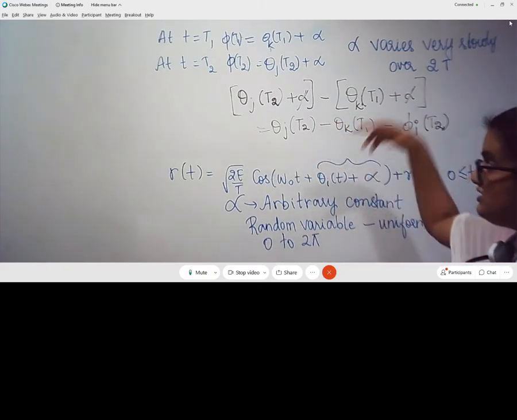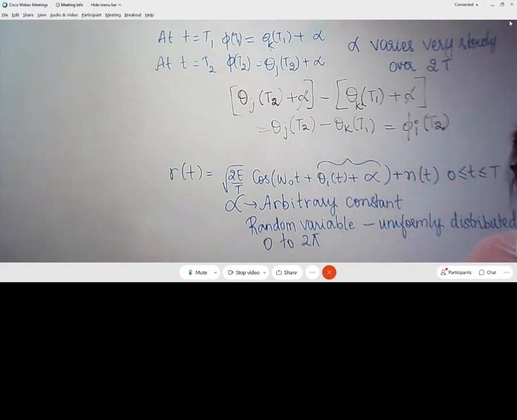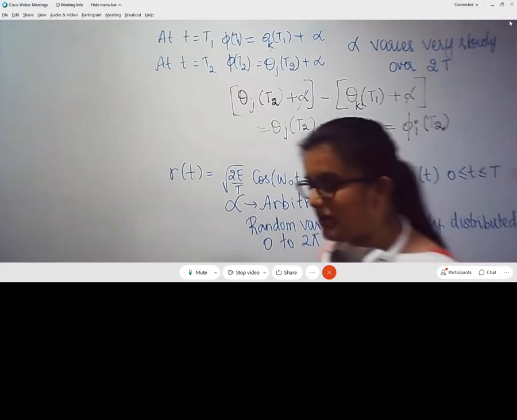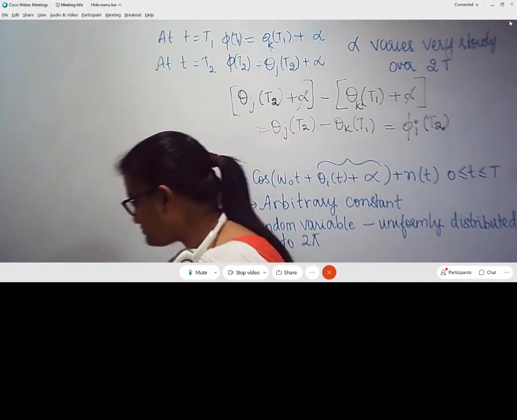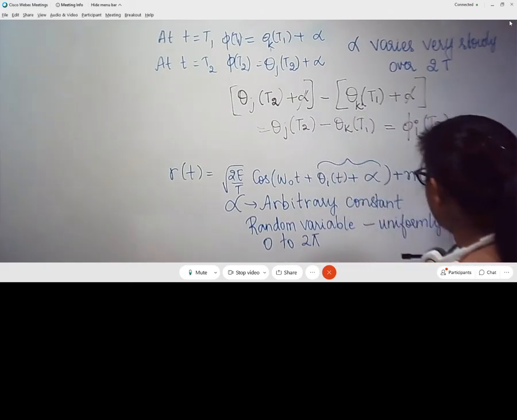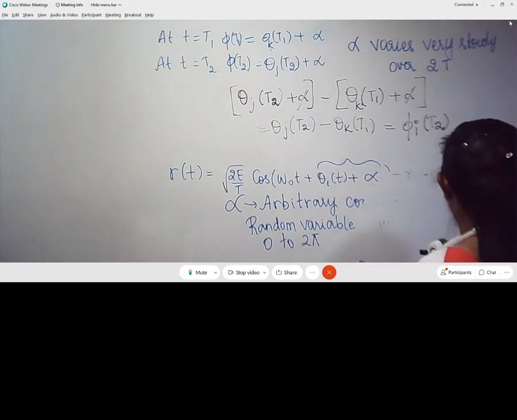That's the reason for the name of this particular modulation scheme: differential phase shift keying. I hope I am clear enough here. If you didn't understand any part of this, you can ask me in between.